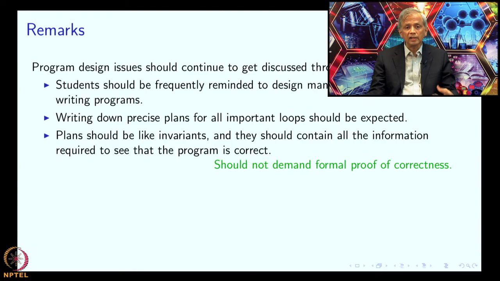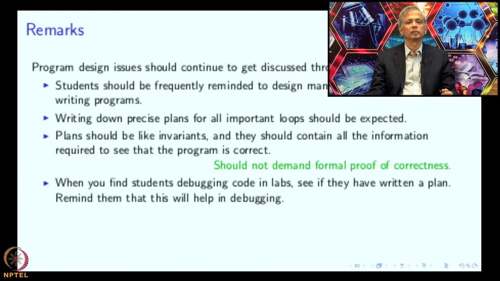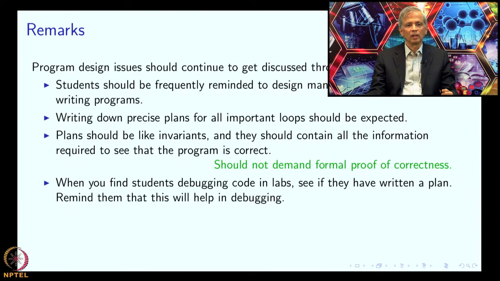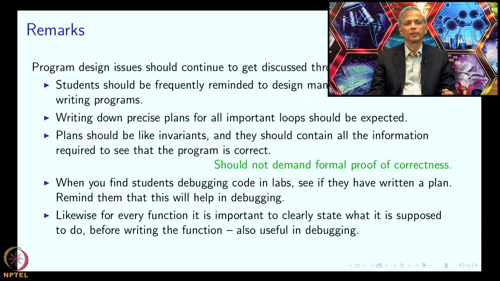Instead of letting that thought remain in the minds of the student in some intuitive, nebulous form, make the student get into the habit of putting that thought down on paper. And when you find students debugging code in labs, see if they have written a plan. Remind them that this will help them in debugging.